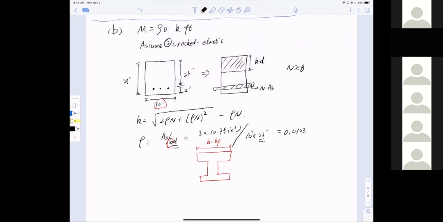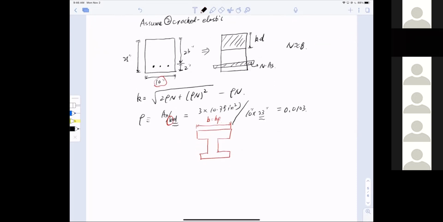So I have all these squared away, and let's just calculate. k equals, bring the number in, rho, so 2 multiplied by 0.0103 and 8, which is n, plus the bracket inside, 0.0103 multiplied by 8 squared, minus 0.0103 multiplied by 8. I got this number k to be 0.332.